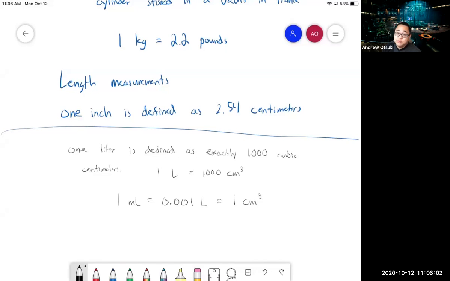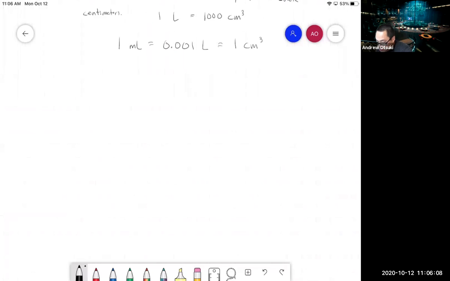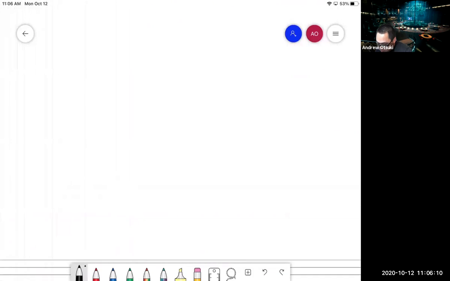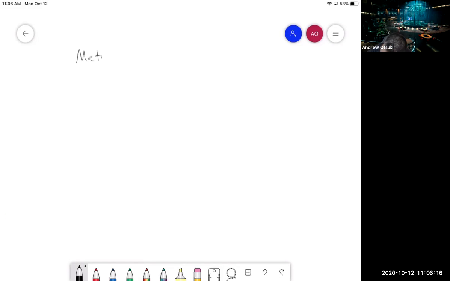So knowing the metric units and their conversions will help you, and we can go over some of them right here. So the metric relationships.